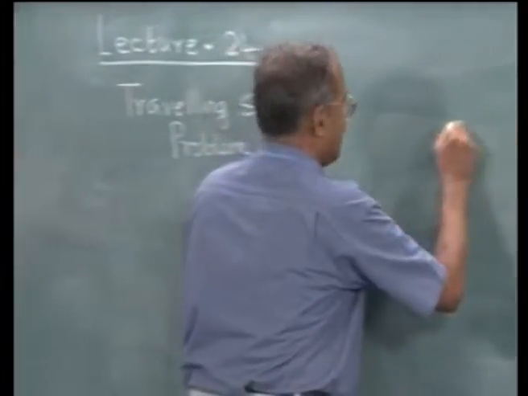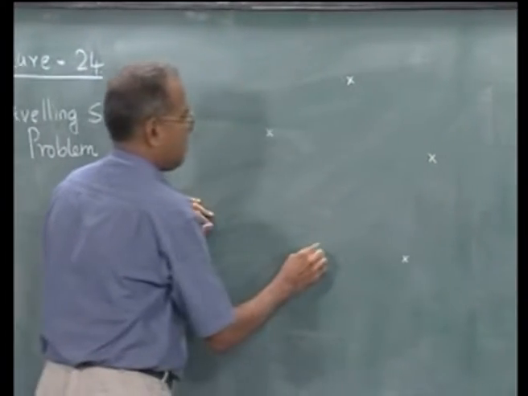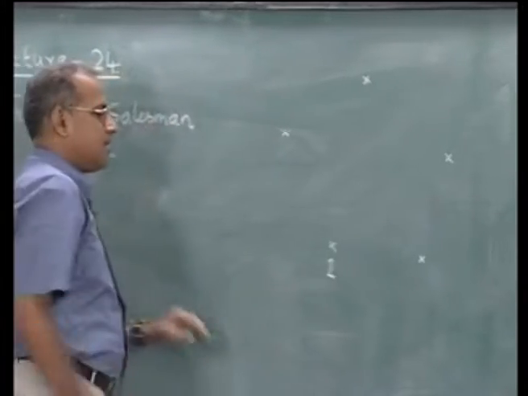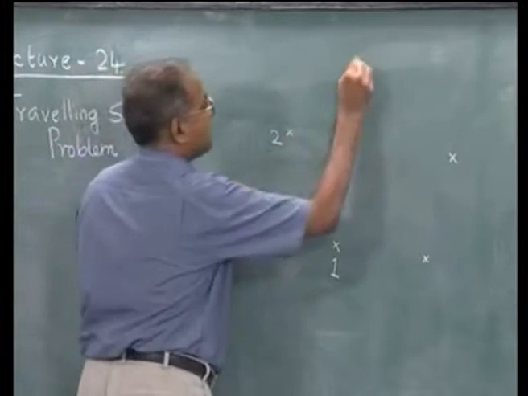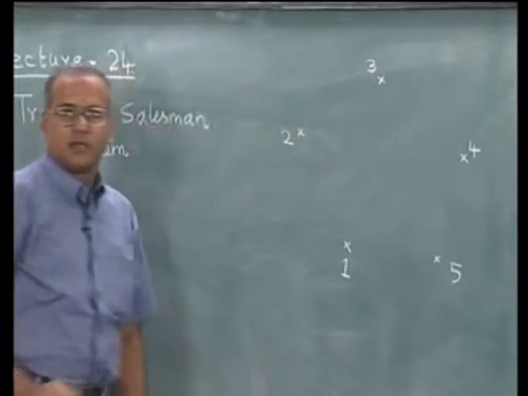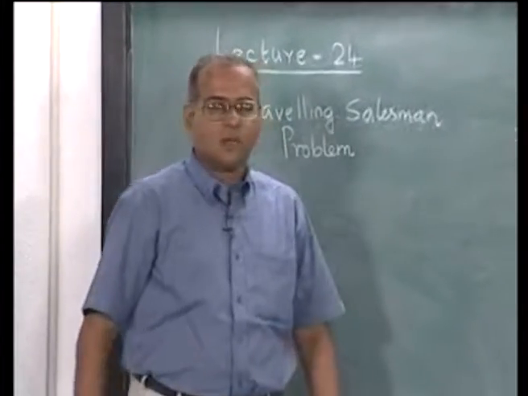Now, let us look at a situation where there are 5 cities or 5 nodes, and let us for the moment say that there is a person who is right now in node 1. Now, this person has to visit each of the remaining nodes once and only once and come back to the starting point.